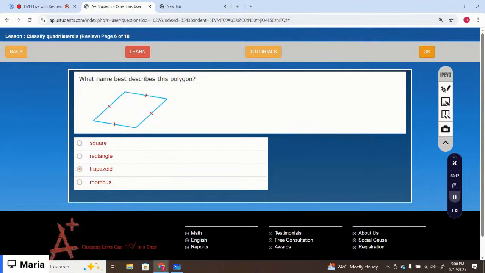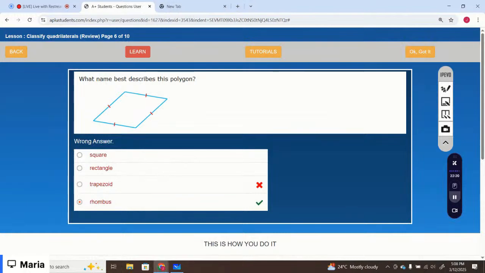That is trapezoid. Option number three is the correct option. Oh, sorry, not trapezoid, that is rhombus.